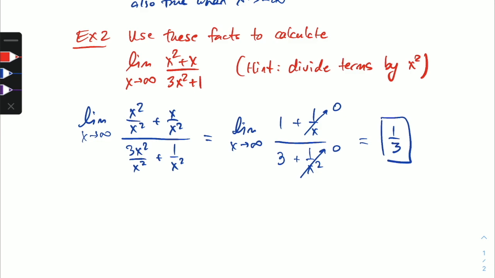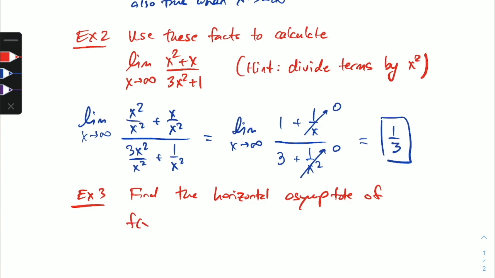Okay, let's do another example. Let's find the horizontal asymptote of f of x equals x plus 3 over x squared plus 4.